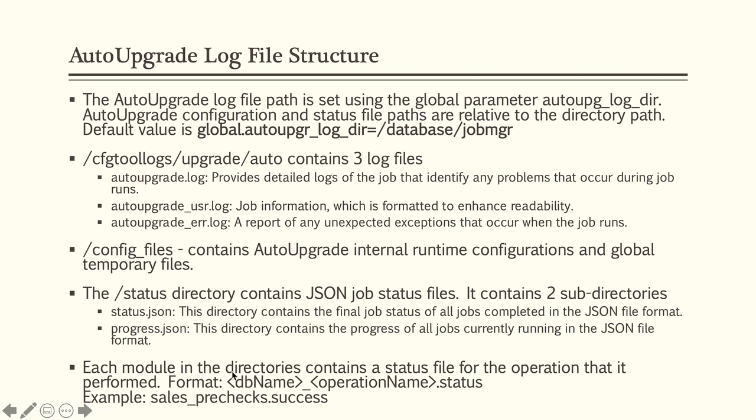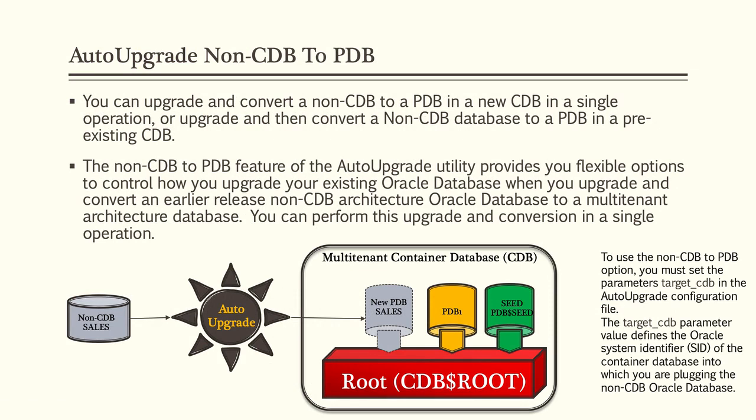So each module directory contains a status file, and for every database there will be a subfolder where database specific logs generated by the auto upgrade utility will be there if you want to see specific database log files during the upgrade.